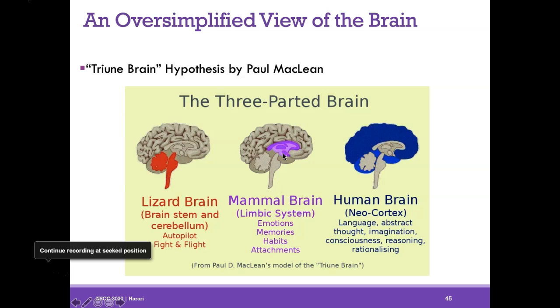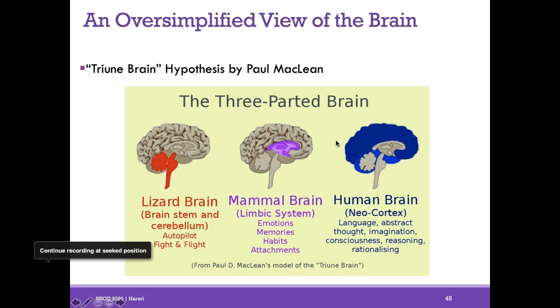Then we have the mammalian brain, which includes the limbic system. So this was evolved in mammals, and mammal behavior is known to be a little more complex and emotional than the lizard brain. Right, we have bonding and a lot more social behavior with attachments and habits in mammals. So that was the middle part to evolve in mammals.